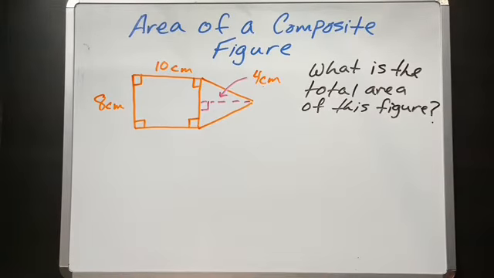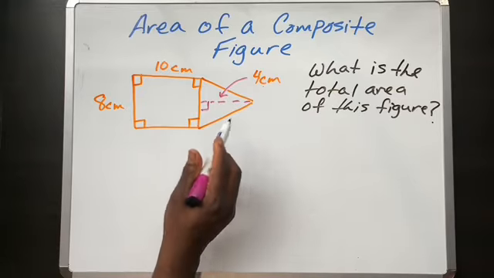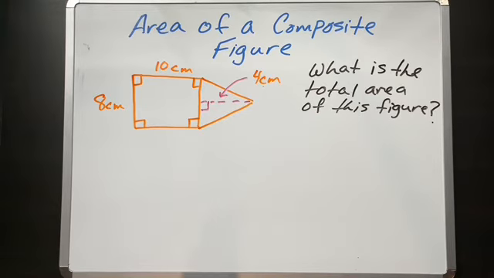What's the total area of this figure? Now, before we start doing anything, we need a plan. You never get started with doing things unless you have a plan. So what we want to do is find the area of this rectangle and add it to the area of the triangle, and then we'll get the total area of the figure, right?